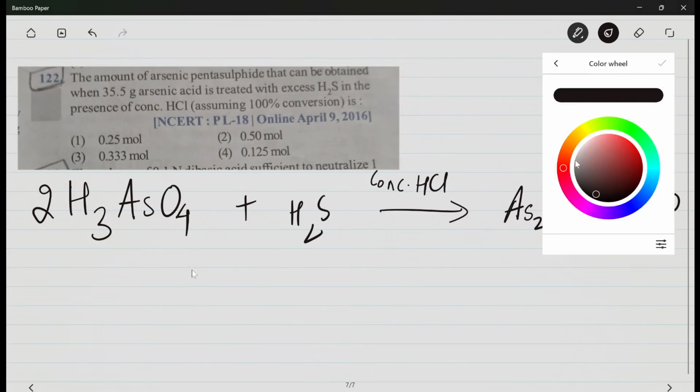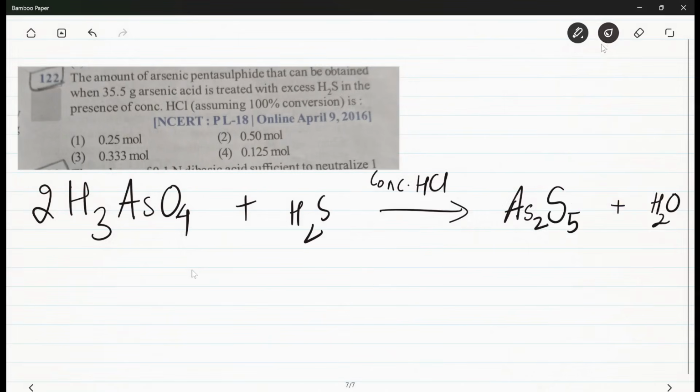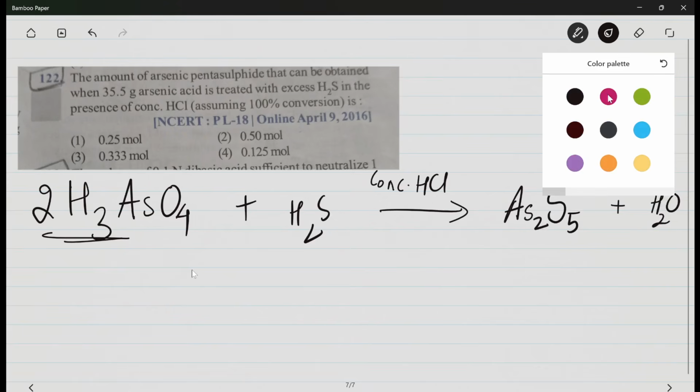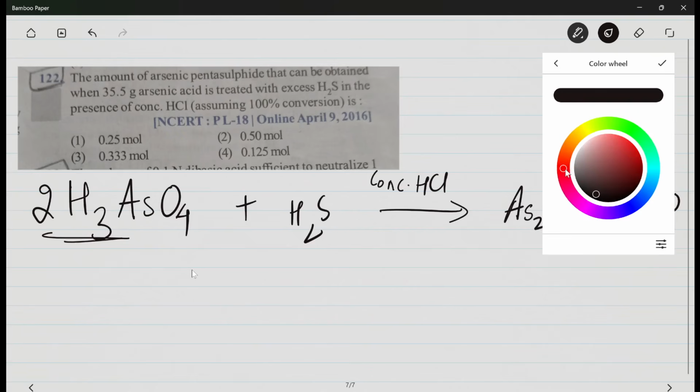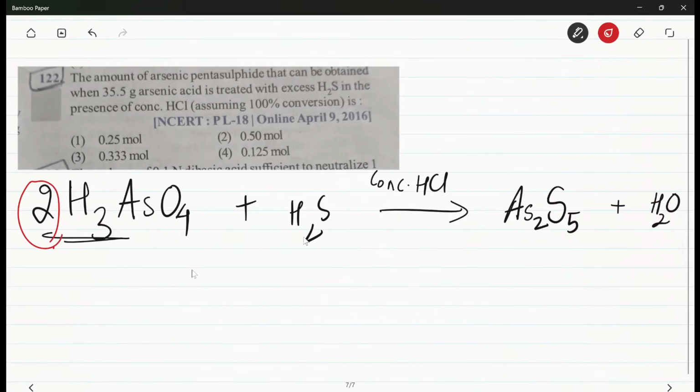After multiplying 2, how many sulfurs are there? 5. And 8 water. So balancing is done.